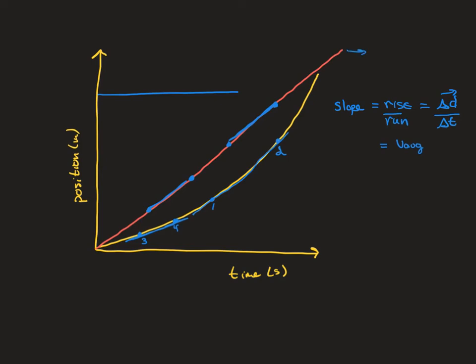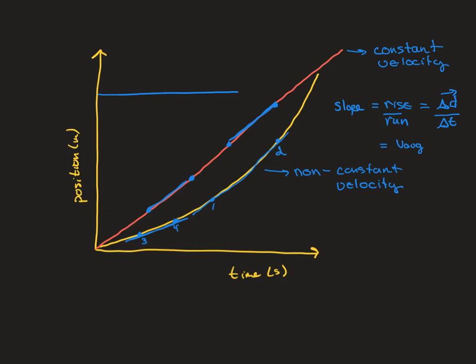So this line here would represent constant velocity, versus this line in here, because it's curved and not linear like the other line is, would be non-constant velocity. So you can look at the slope and you can find the average velocity between 2 points, and you can also tell whether or not the velocity is constant or stays the same value the whole way through the motion, or whether it changes throughout the motion.